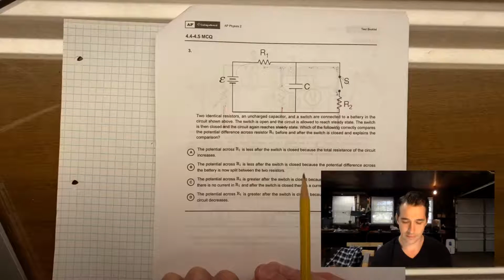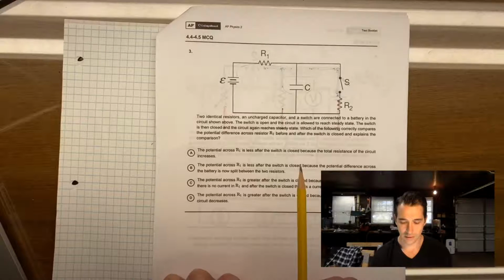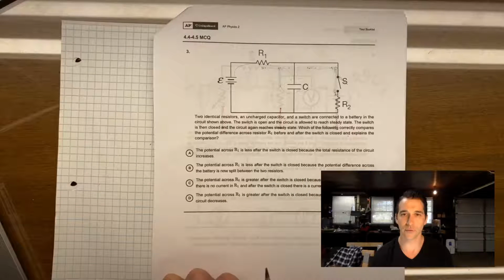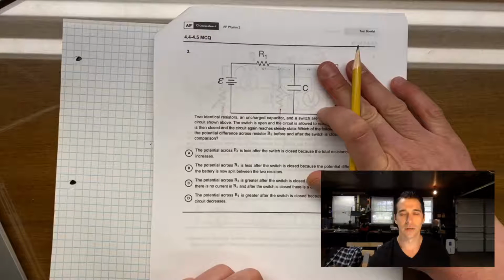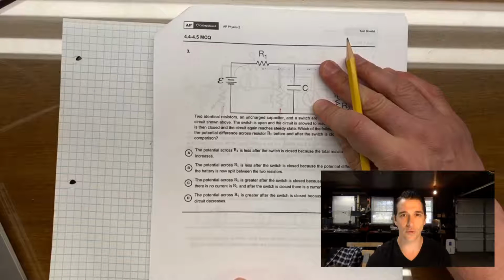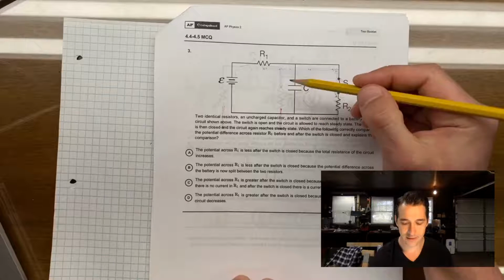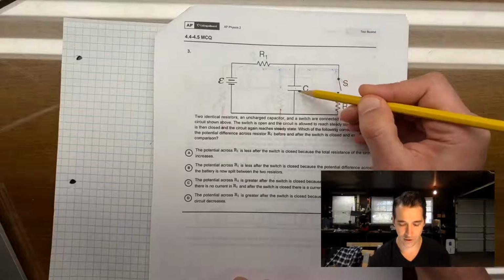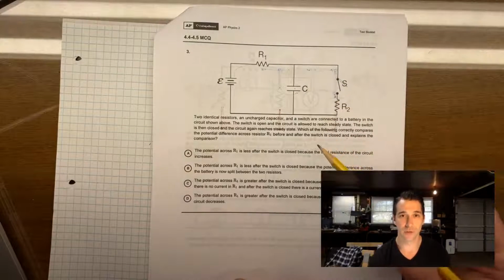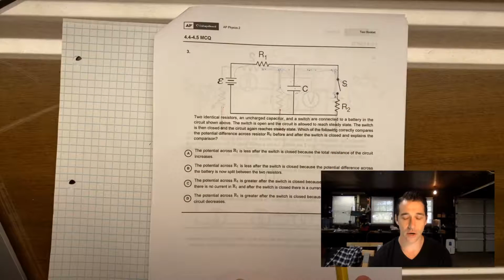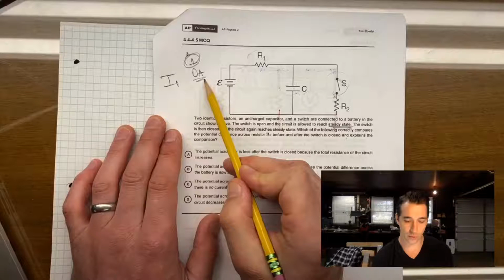Okay, that makes sense. Then the capacitor is fully charged. What did we say when a capacitor is fully charged? This gap does not allow electrons to jump from the negative side to the positive side. They can't bridge that gap, which means once fully charged, R1 has no current at all.